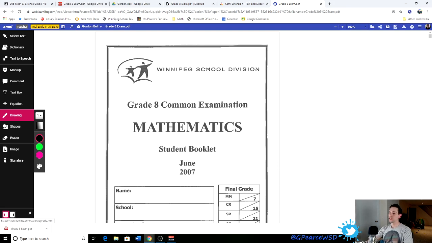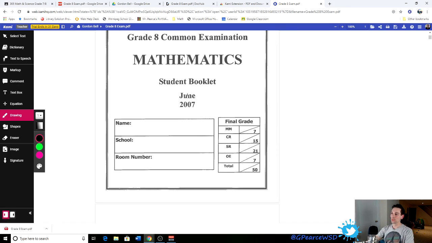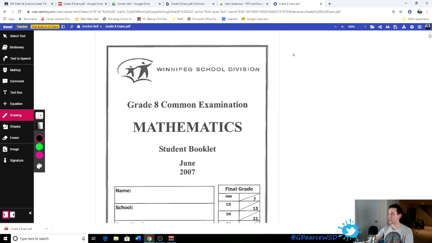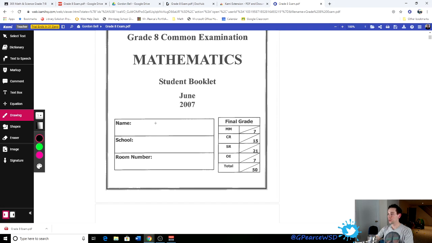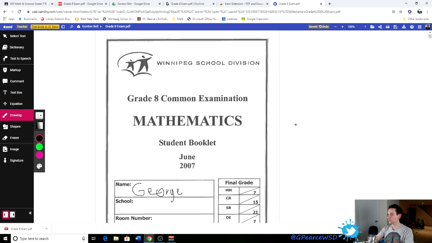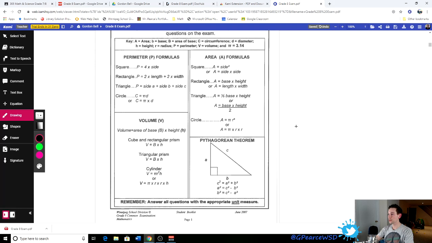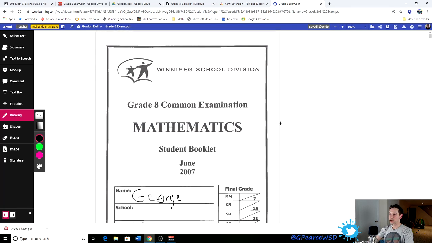Once you have the document and you've gone through the steps, adding your email, giving it permission to check your Google Drive to access your PDF, then you can start to mark up on your computer or laptop, and you can write. Writing with a mouse is not great, but it's a way of putting down some of those answers. I'm not going to do this because I don't like using this.